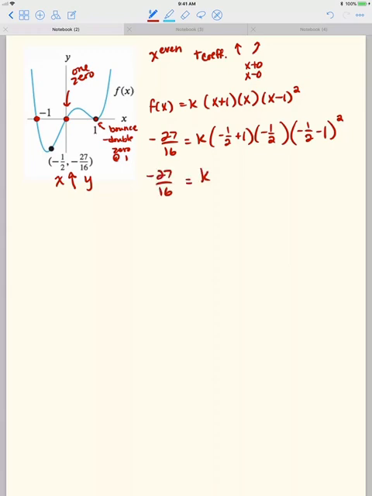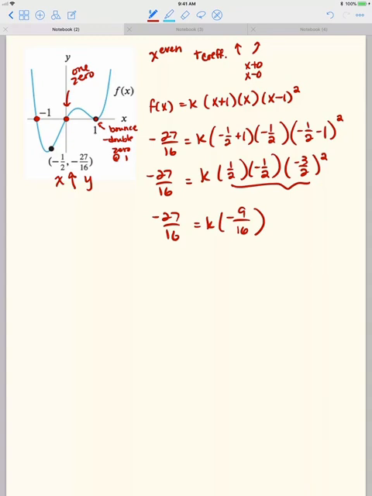So what that looks like is 1/2 times -1/2 times -3/2 squared. And multiplying all of that together, you get -9/16. And then to get rid of that, you do -16/9.